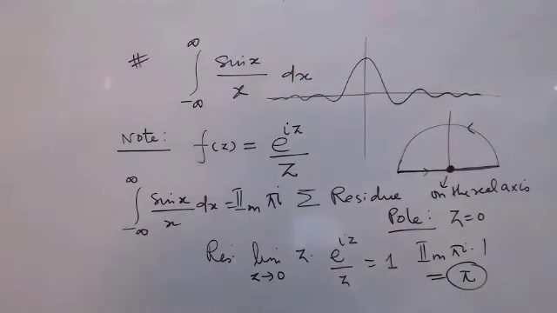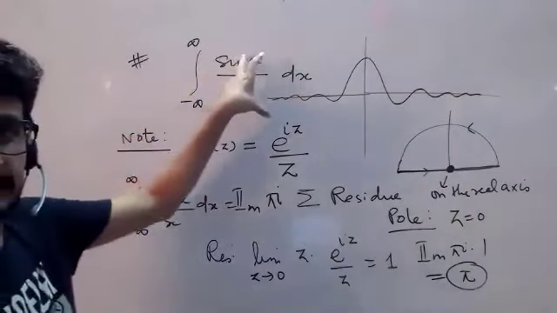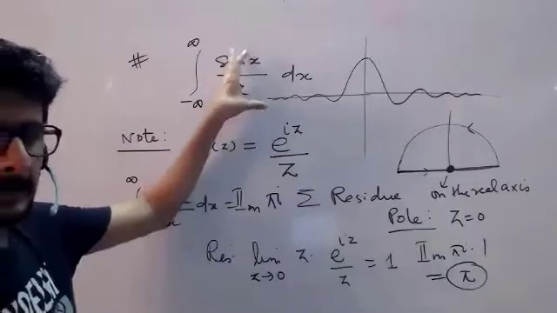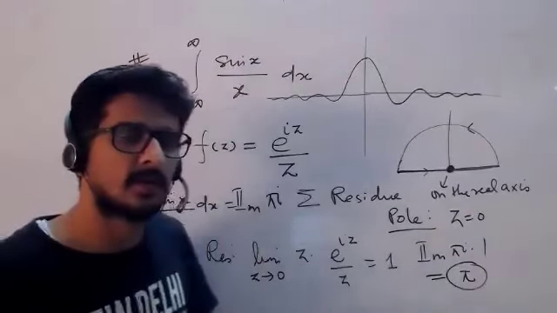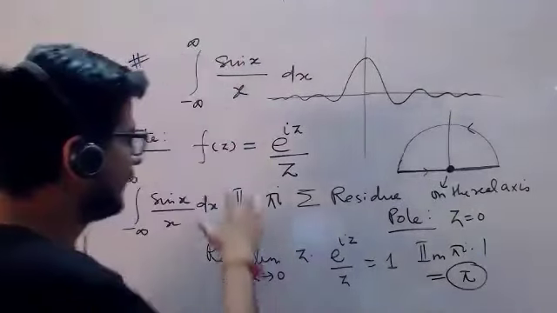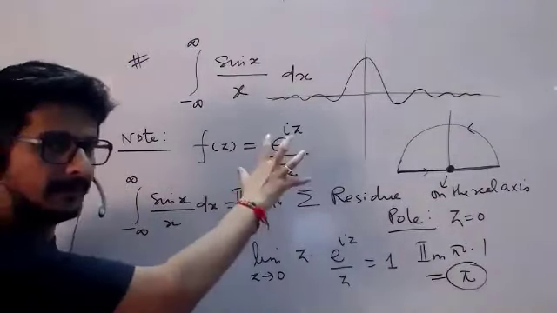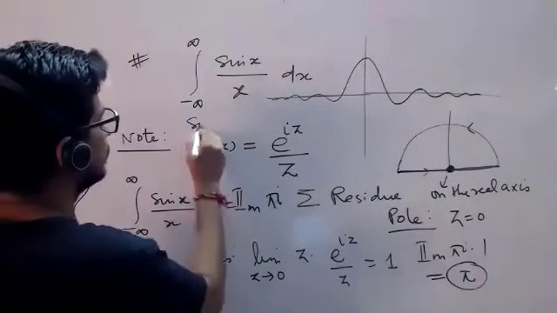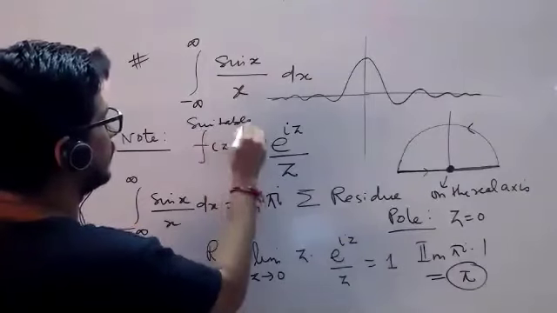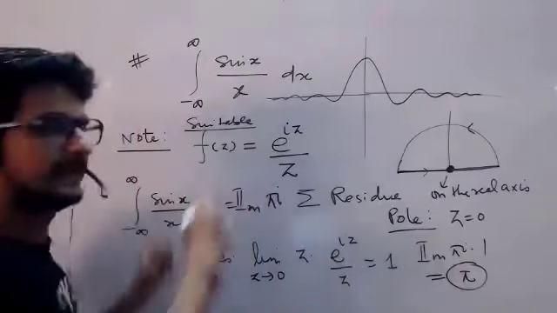Sir, why have you written z in replacement of x? The x is the real part; x plus iota y we write as z. This was a question, and I explained how by writing a suitable f(z) I can calculate this integral.